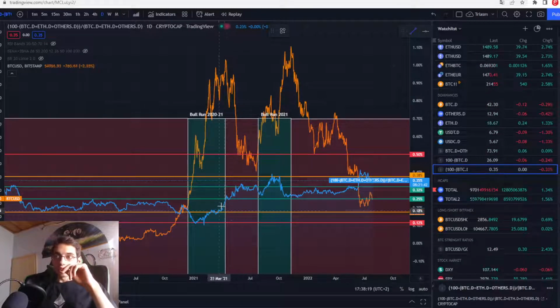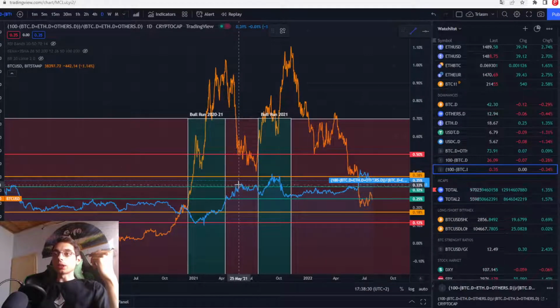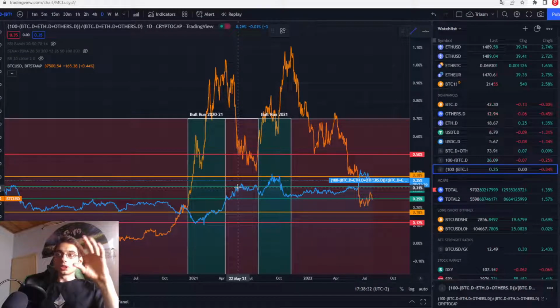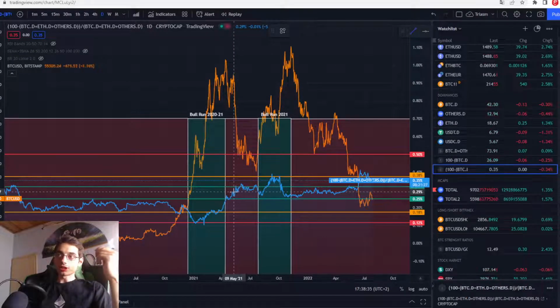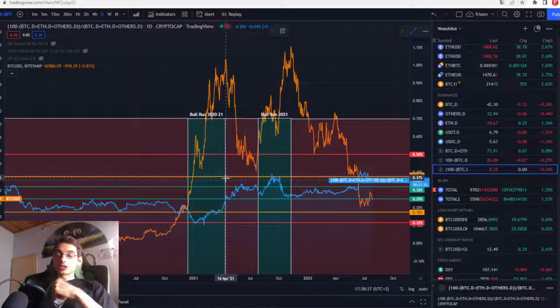Meanwhile, because obviously the strength of a stablecoin is increasing, so people are exiting the market, are taking profit, and so the crypto assets dominance is diminishing, and this leads obviously to a downturn in the future.